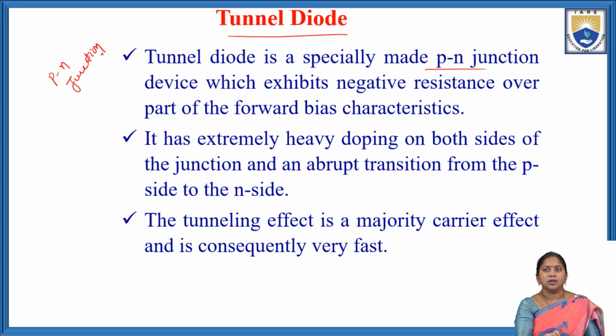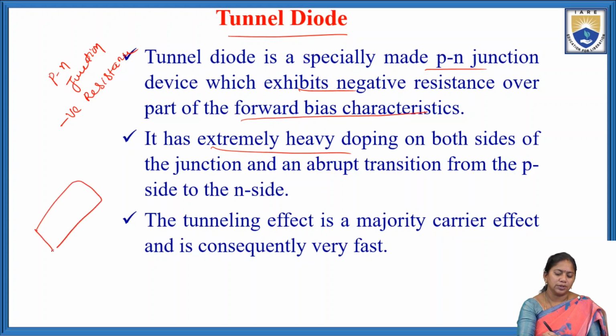If you take any part of the forward bias characteristics, it shows the negative resistance. It has extremely heavy doping on both sides of the junction.